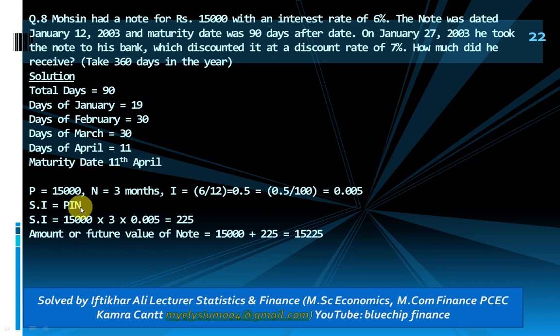So now the formula will be applied for simple interest, which is equal to PIN, where P is the principal, I is the interest rate, and N is the time period. So 15,000 multiplied by 3, the time period, because we are going to calculate the interest for 3 months, multiplied by 0.005, and the interest will be 225. The amount or future value of the note will be 15,000 plus 225, because 15,000 is your principal amount and 225 is the interest, so the total bill will be 15,225.